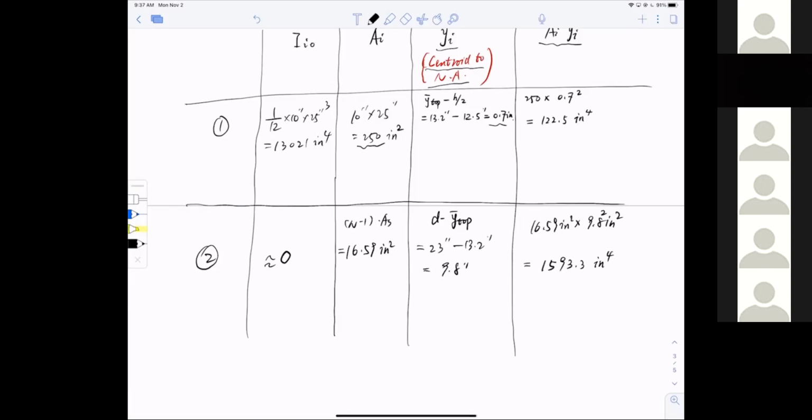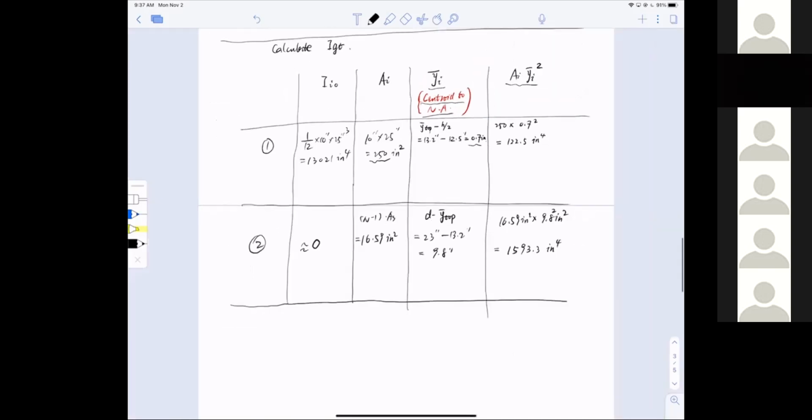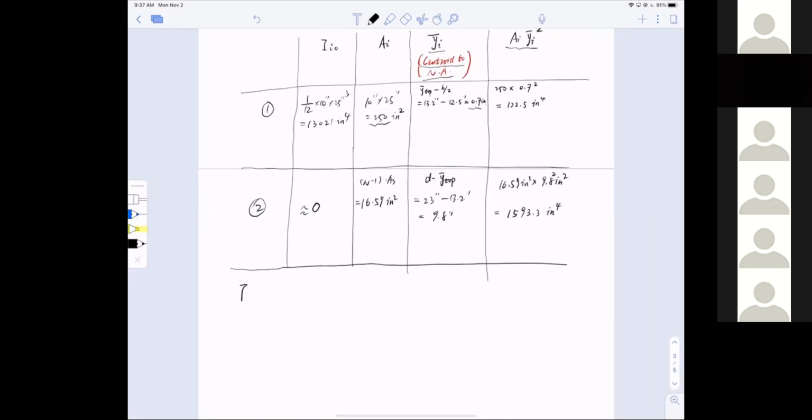Now at this point I finish my table, and I can sum them up. Recall the moment of inertia IGT equals sigma of I0 plus sigma of A d bar squared.